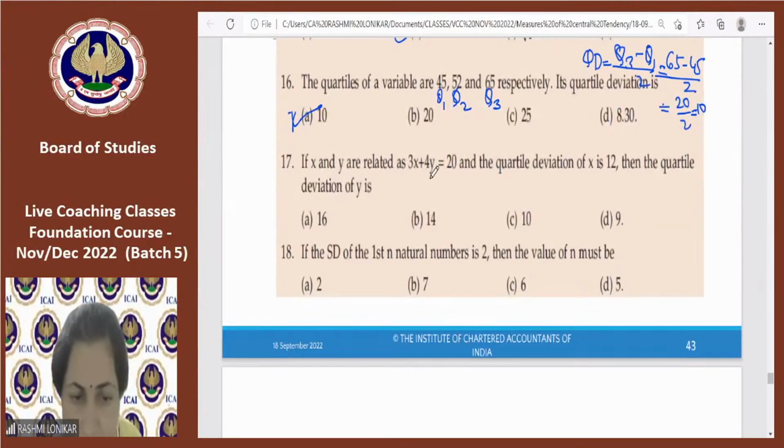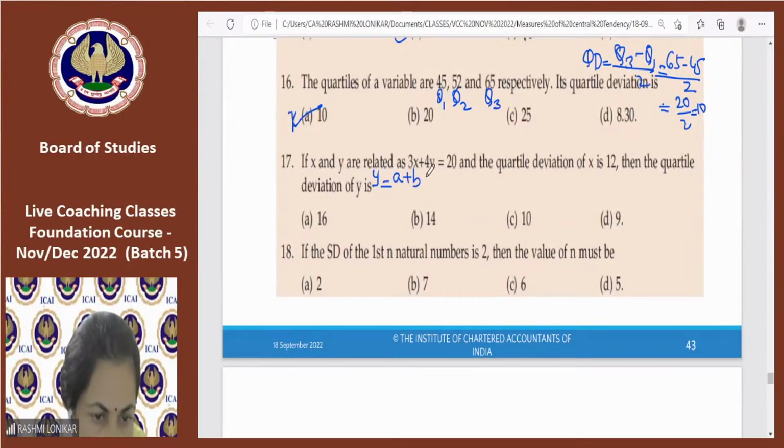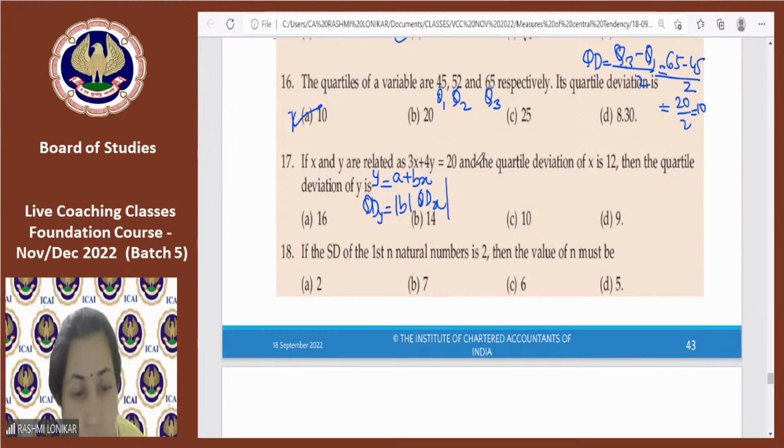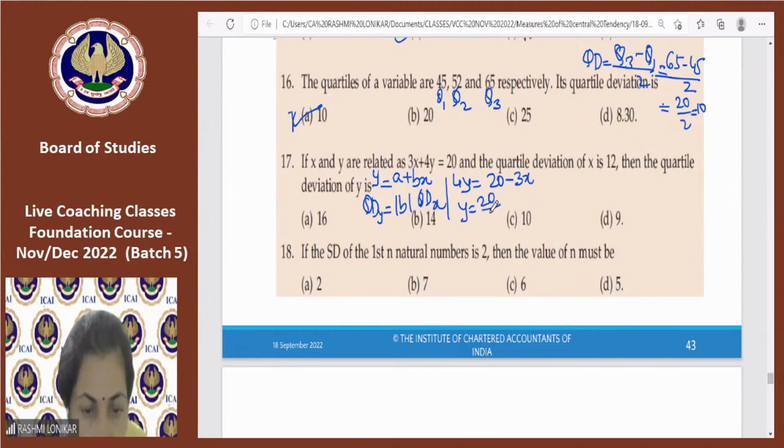If x and y are related as 3x plus 4y is equal to 20 and the quartile deviation of x is 12, then the quartile deviation of y is? Again we need the equation in the form y is equal to a plus bx. Then quartile deviation of y will be equal to mod of b into quartile deviation of x. So 3x plus 4y is equal to 20, so 4y is equal to 20 minus 3x, and y is equal to 20 upon 4 minus 3 upon 4x.